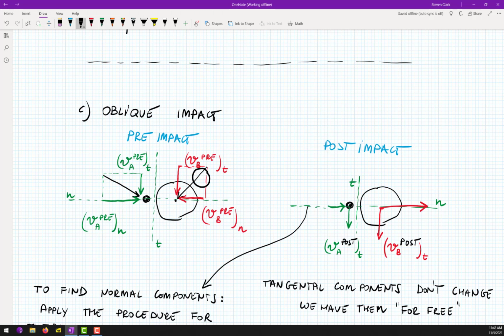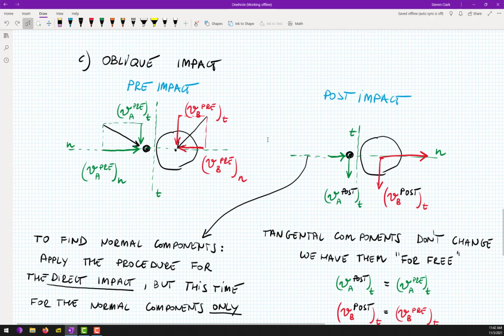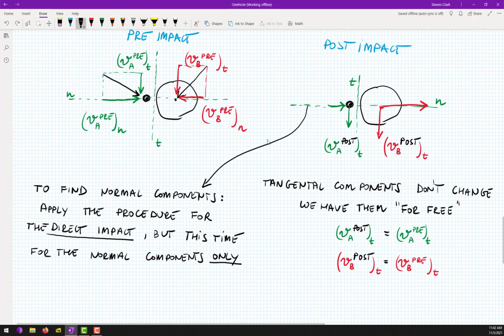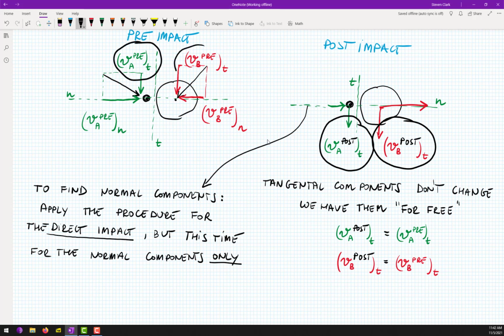I don't know what I said earlier. Earlier I wanted to say green, now I want to say red. Okay. And if we do that projection, we have something for free. These tangential components we know even without calculating them, because they must be equal to their counterparts pre-impact.